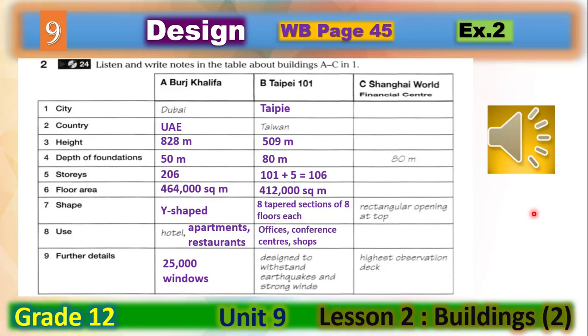The last one, Shanghai World, Shanghai in China, 494 meters, 101, 381,600 square meters, hotel, offices, conference centers and shopping malls.